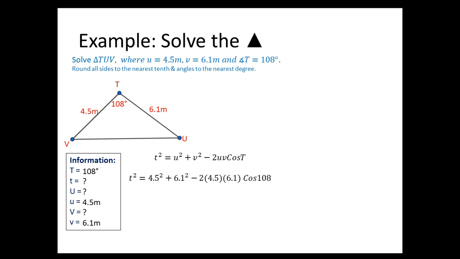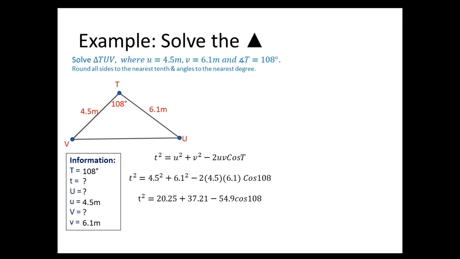T squared is equal to 4.5 squared plus 6.1 squared minus 2 times 4.5 times 6.1 times cosine 108. Now, the next part, let's simplify it.